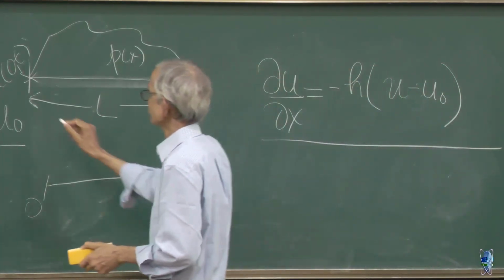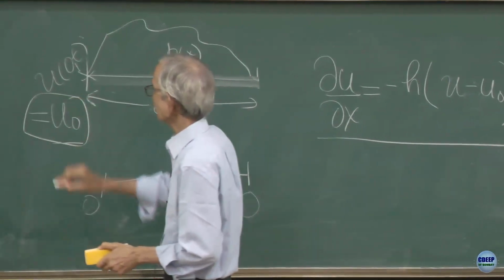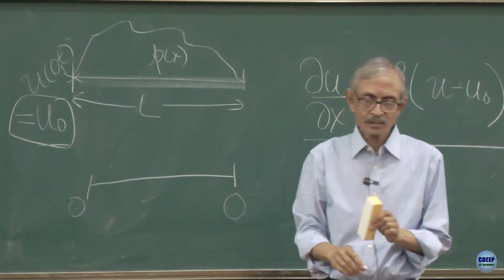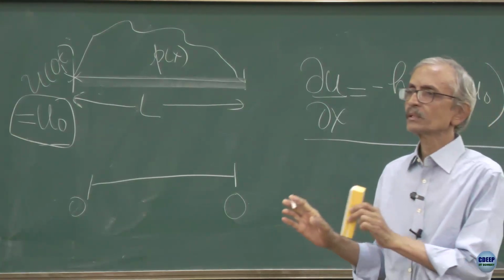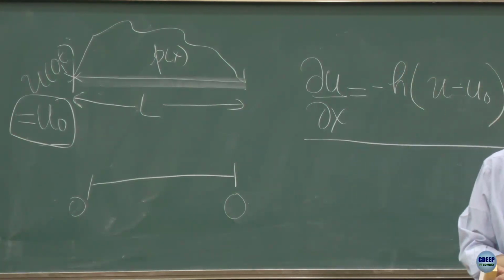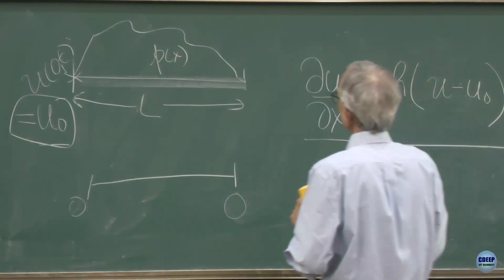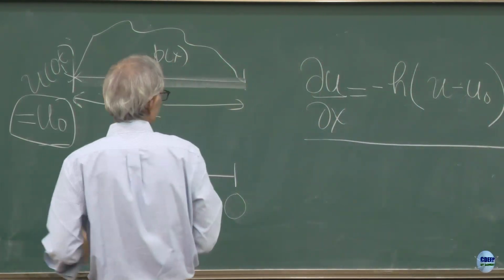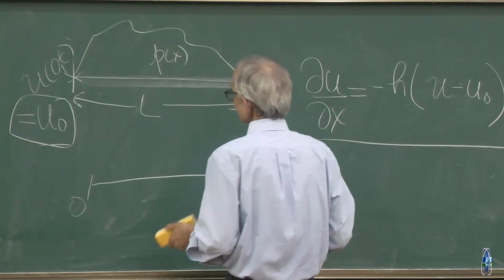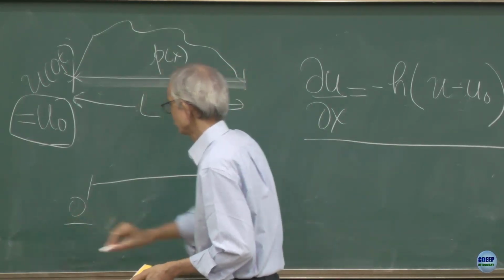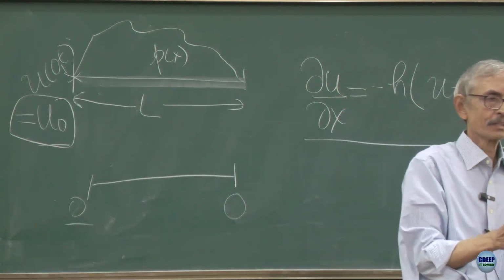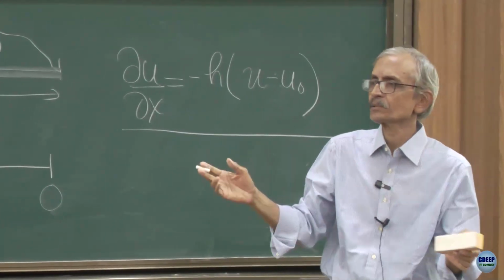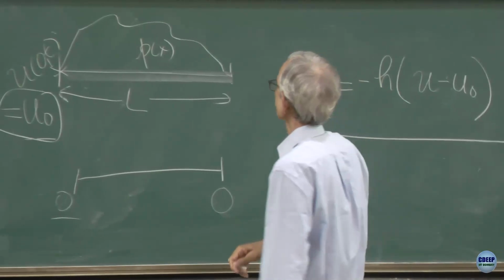Non-homogeneous boundary conditions of this nature give us trouble, so you would like to somehow homogenize the problem before you attempt a solution. Homogeneous means that if you put k times the variable, that will also satisfy the equation.